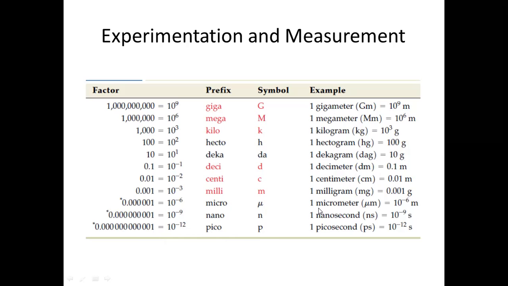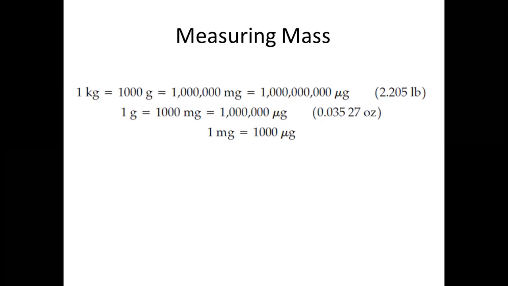So let's do some simple things according to your syllabus. The example here is to measure the mass. This you have to remember; it is the conversion factor. 1 kilogram equals 1000 grams, and 1 kilogram equals 10 exponent 6 milligrams, and 1 kilogram equals 10 exponent 9 micrograms.